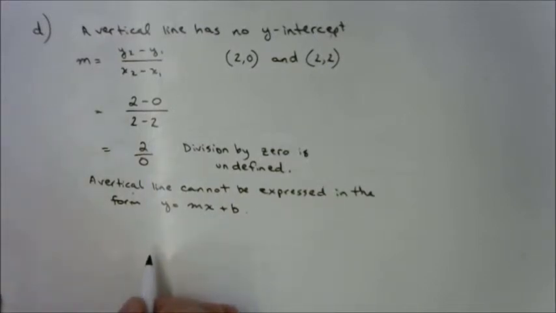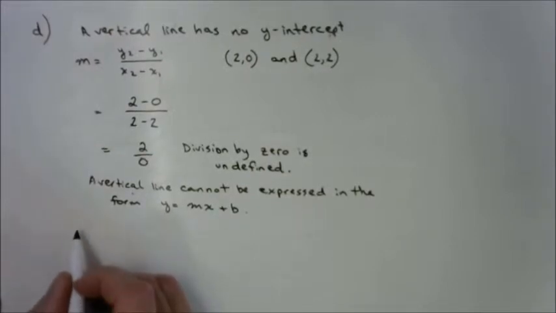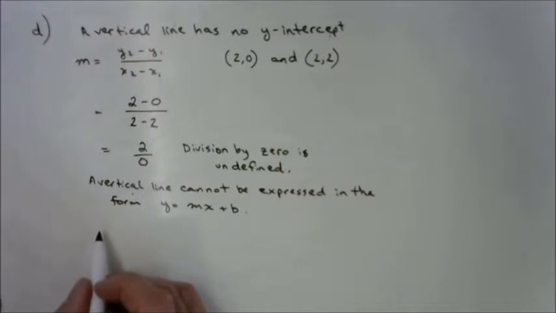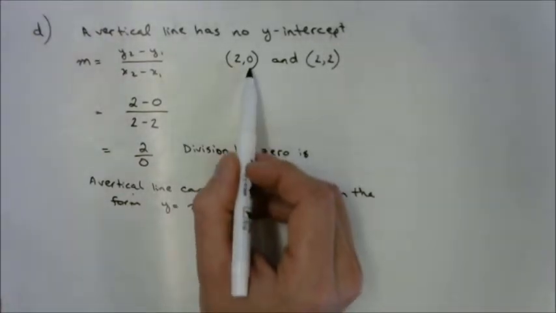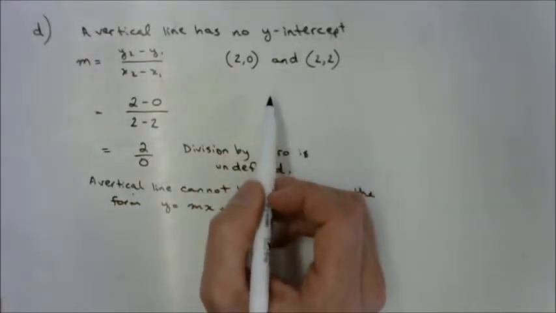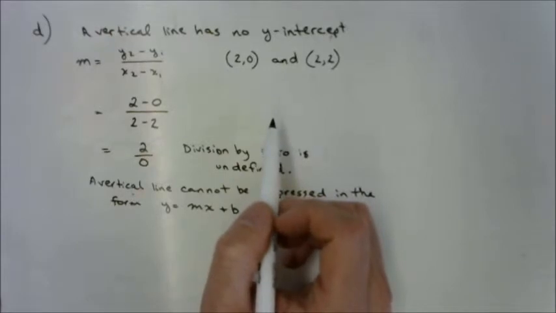Okay, look at the graph of the line. What do you notice about its x-intercept? The x-intercept is 2, right? So every single point on the line, like we had 2, 0 and 2, 2, is 2, 4 on the line? Yes.